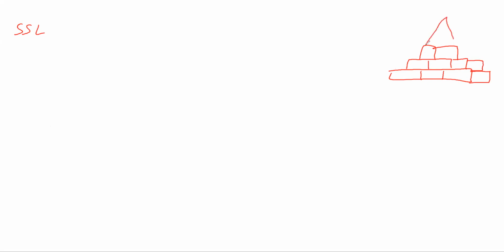If you remember, I had done this thing where we were building this pyramid of blocks, building the different primitives. Now we have all the components, so we can plug in SSL at the top because we have all the primitives.